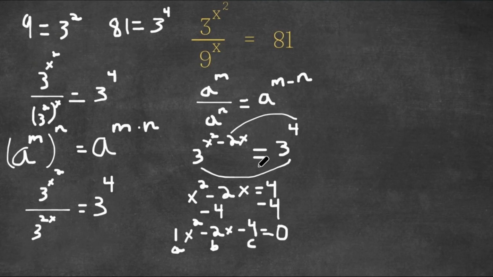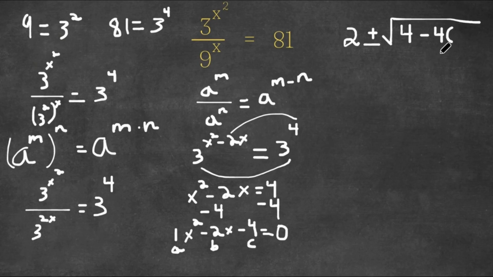So we have negative b, so 2, plus or minus the square root of b squared, so negative 2 squared, which is 4, minus 4 times a, which is 1, times c, which is negative 4. And we're dividing this by 2 times a, which is 2 times 1, which is 2.